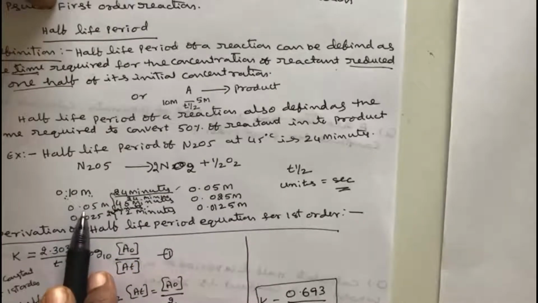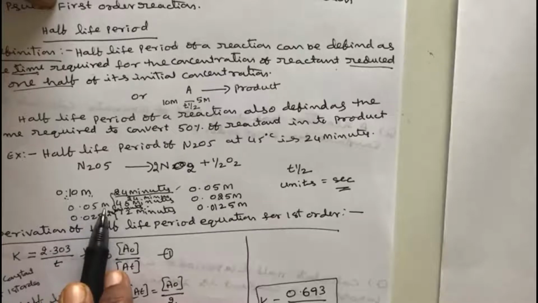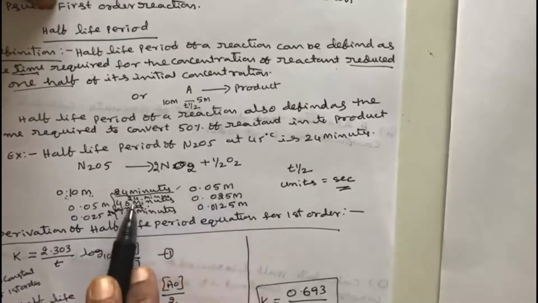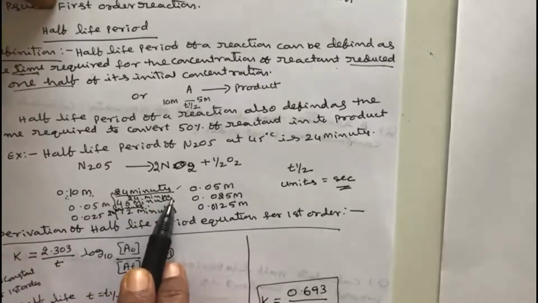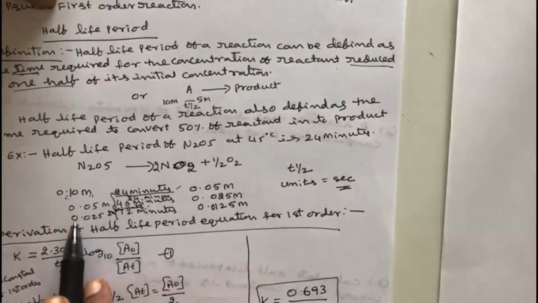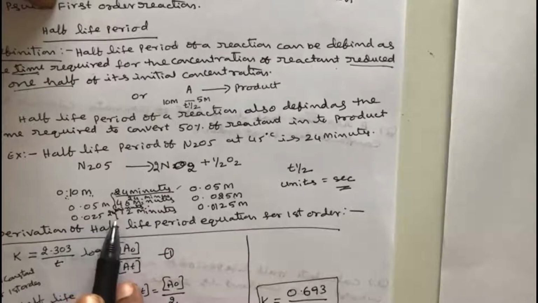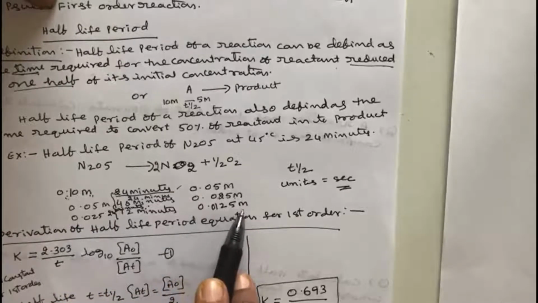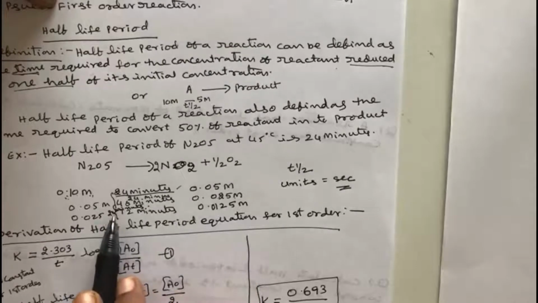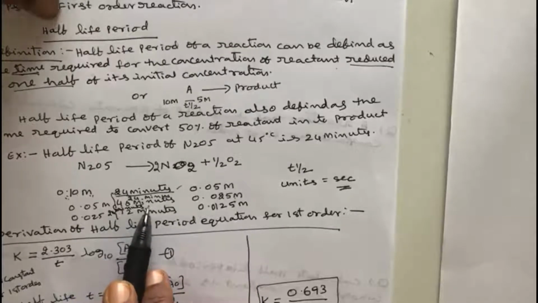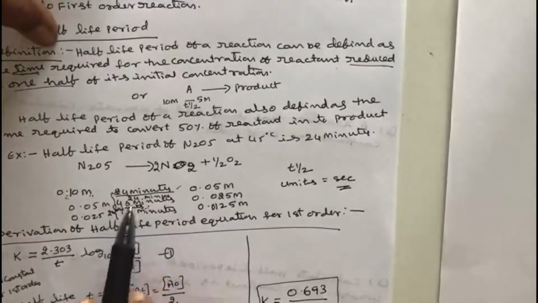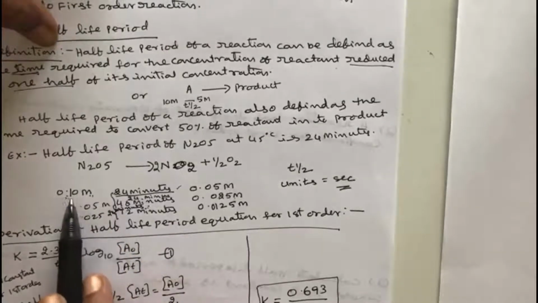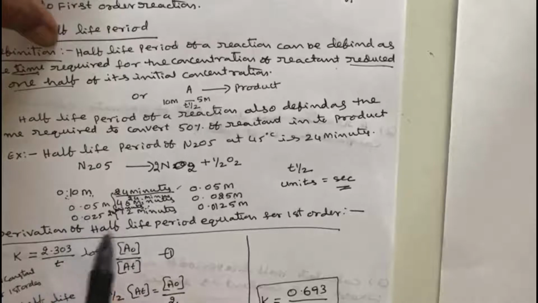Initial concentration 0.05 m reduced to 0.025 m. The half-life period is 24 minutes. If 0.025 is reduced to 0.0125, here also the time taken is 24 minutes. That means the half-life period of a first order reaction does not depend upon the initial concentration of the reactant.